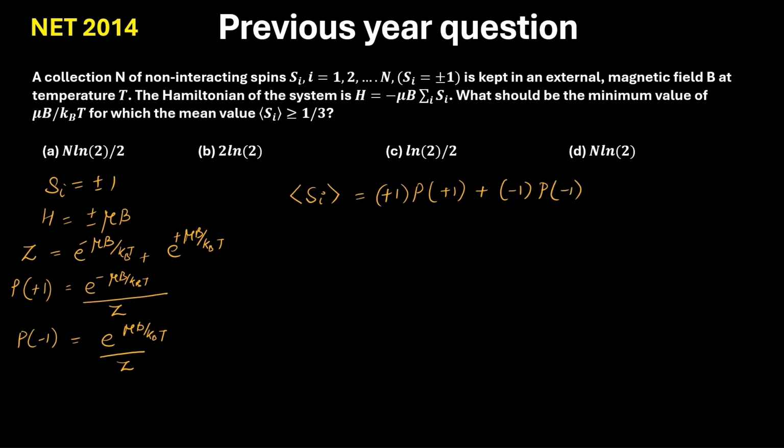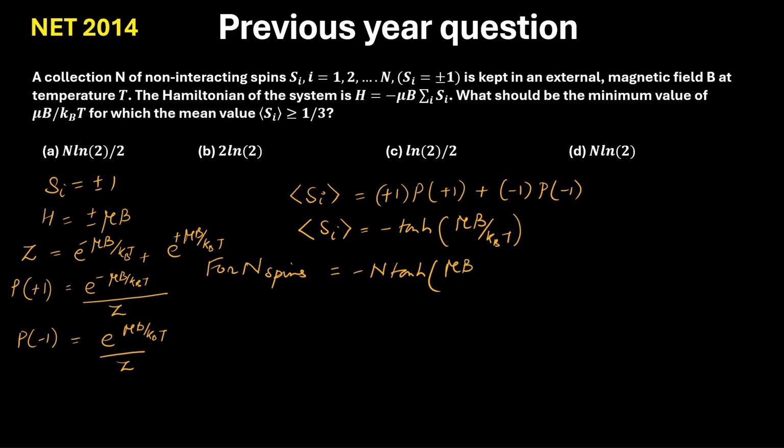So we can substitute the expressions on the left hand side, and when we solve this, we will get minus tanh(mu B by k_B T). Now this is for a single particle. So for N spins, it will be minus N tanh(mu B by k_B T).